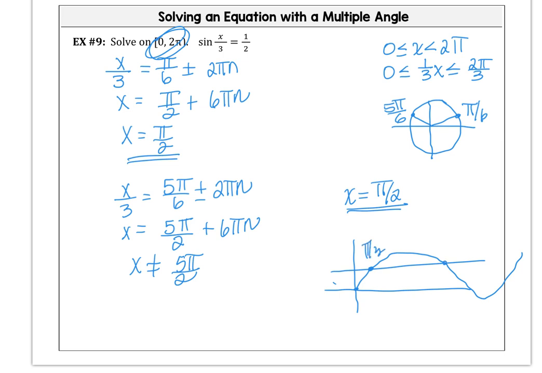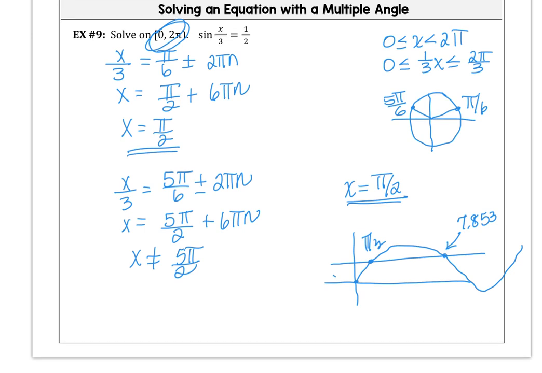But this value at 5 pi over 2, that's outside of the range 2 pi. 2 pi is 6.28, and we have 7.853. So this is not a valid solution, not in the domain. Those multiple angles or half angles or third angles, they can be tricky. So just be careful as you work through these. And we will look at the final portion that's all about trig inequalities in the last lesson for our third day here.